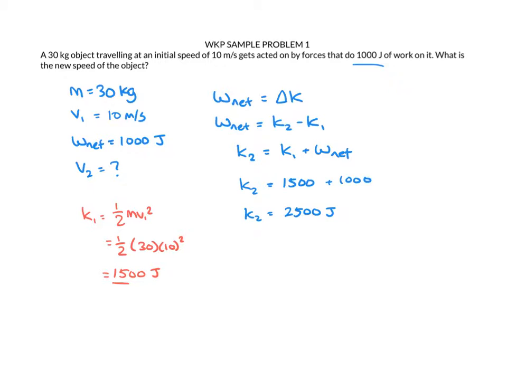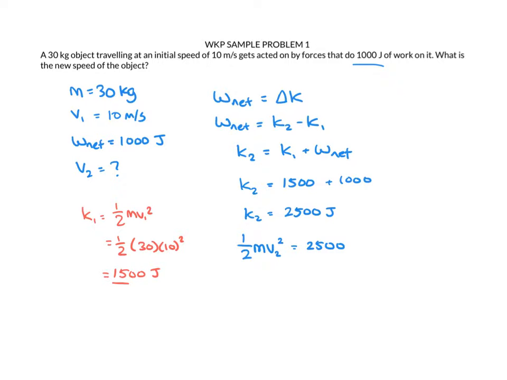We're asked for the final speed, so I'm going to have to keep going here. I'm going to break K2 down into the formula for kinetic energy, which is half m v squared with the subscript of 2, because it's the final speed I'm dealing with now, equals 2,500.